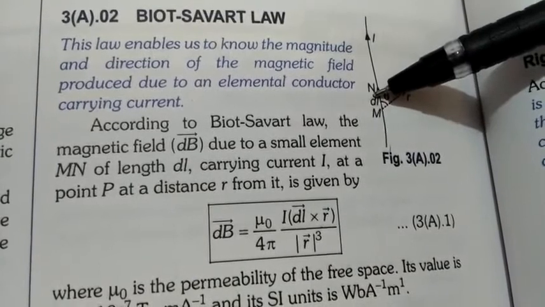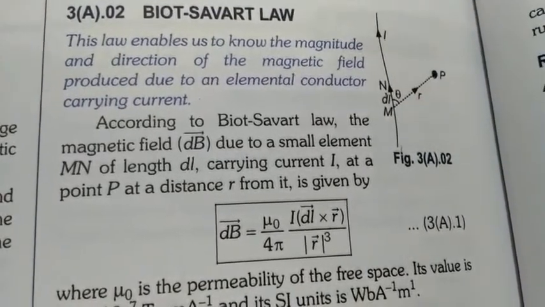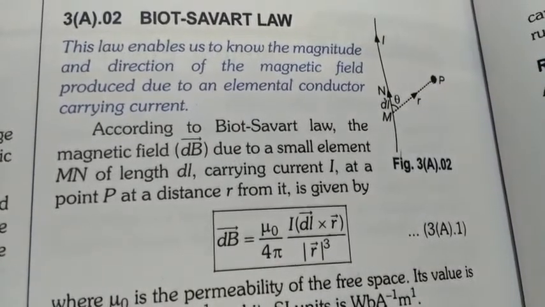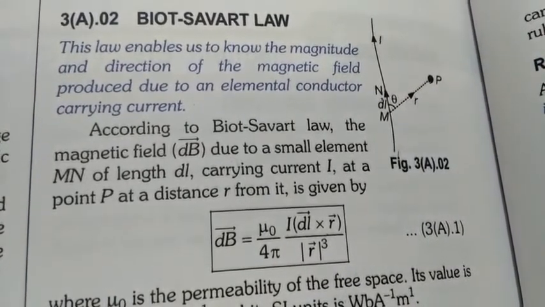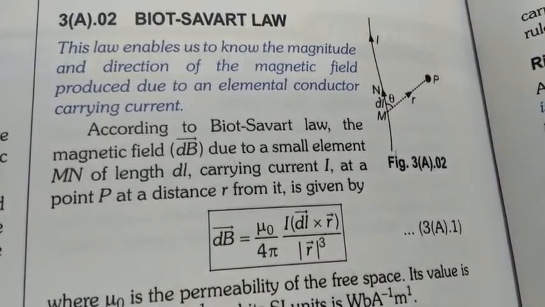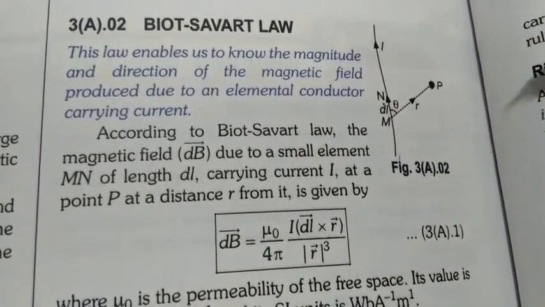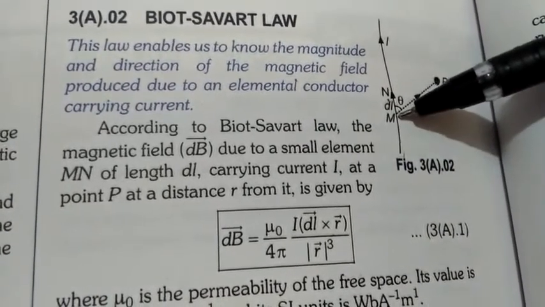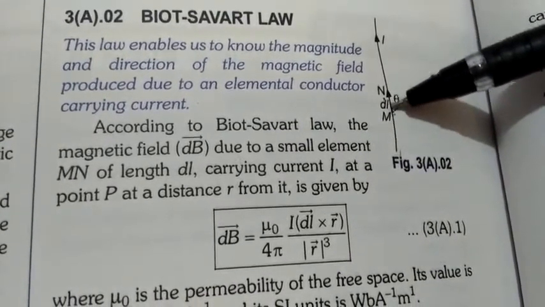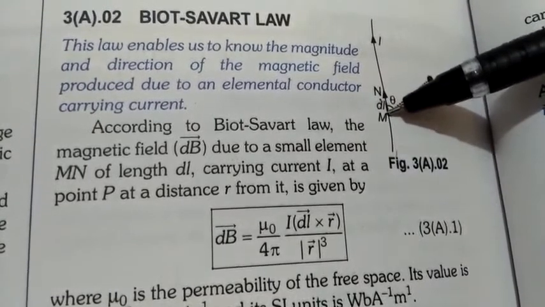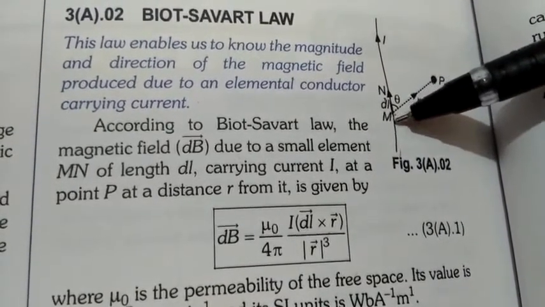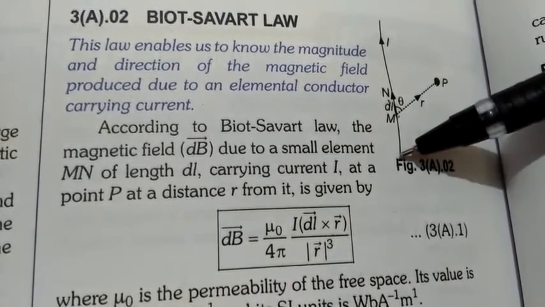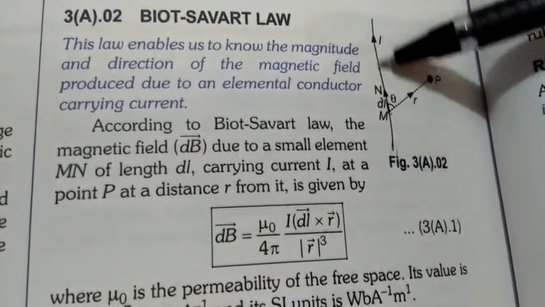We will first find out what will be the magnetic field because of one small element of current at point P. Then we will integrate it for the whole wire. As we are doing in all the derivations, the same thing we will do. We will first derive the value of magnetic field because of a small element of current, and then we will simply integrate it to find out the value of magnetic field because of the whole wire.